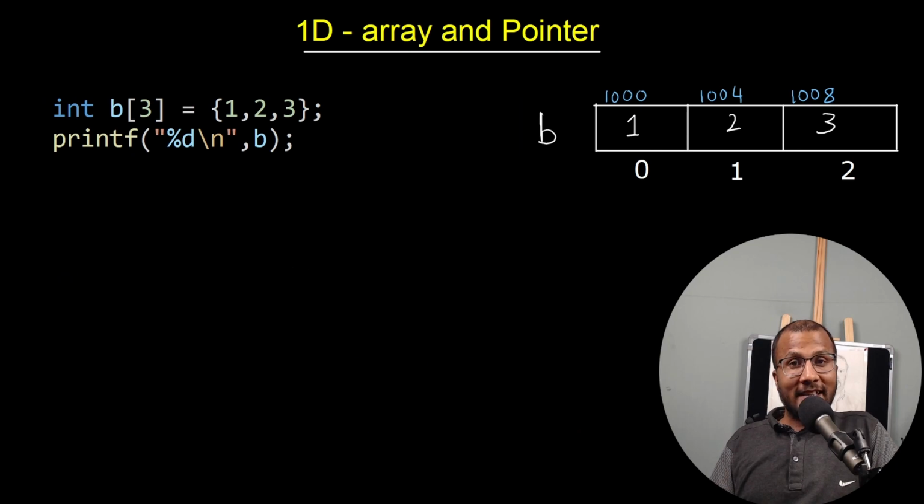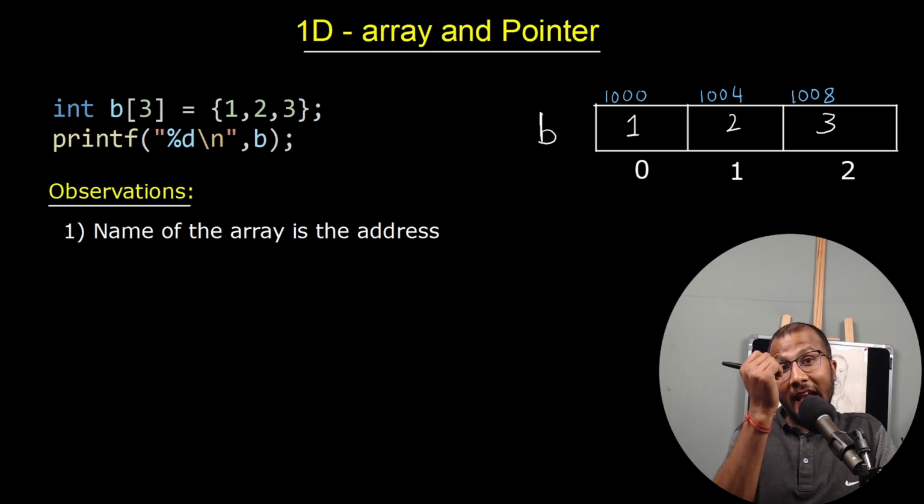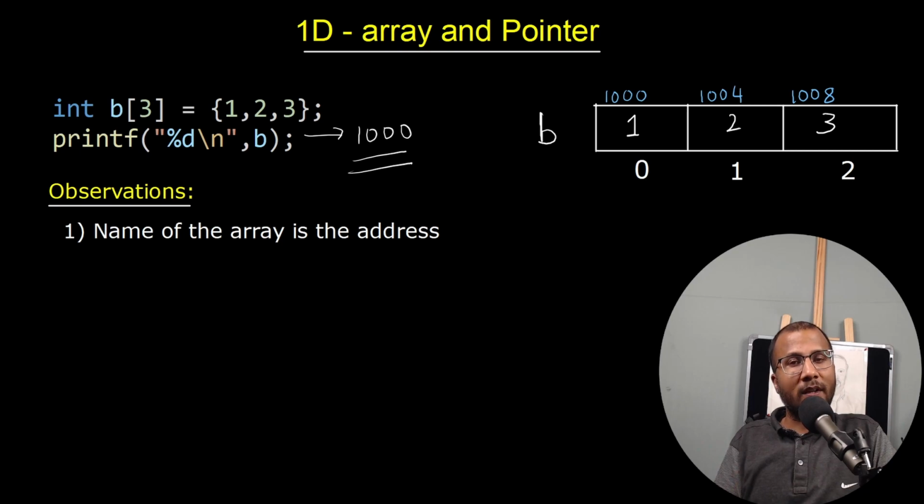By performing this experiment, we have concluded that by printing the name of the array, we get the address. So our first observation is that the name of the array is nothing but the address. In this case, we got 1000, the address in the memory location. So the name of the array is the address.